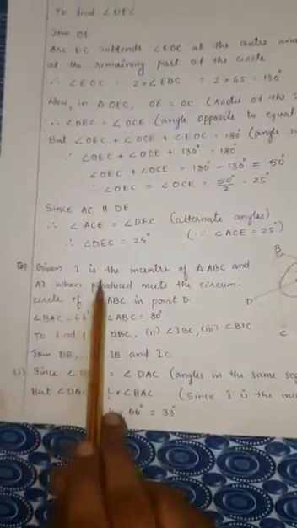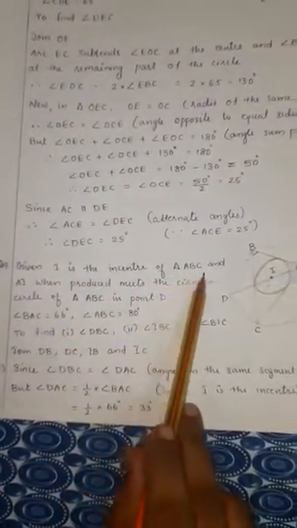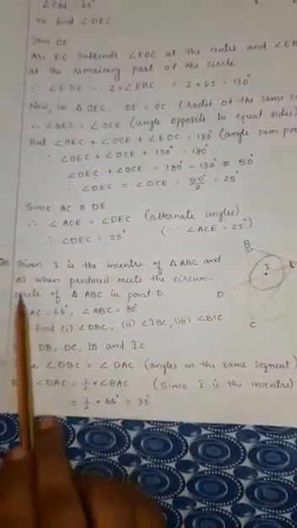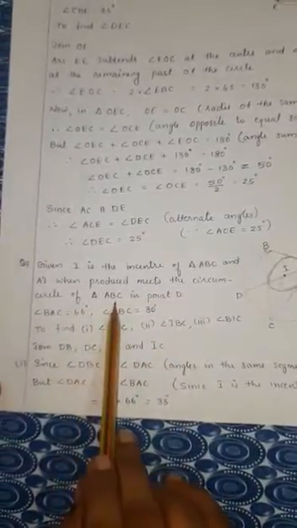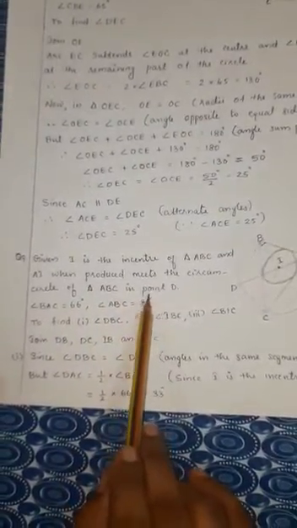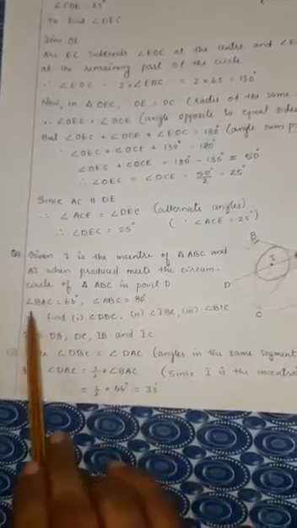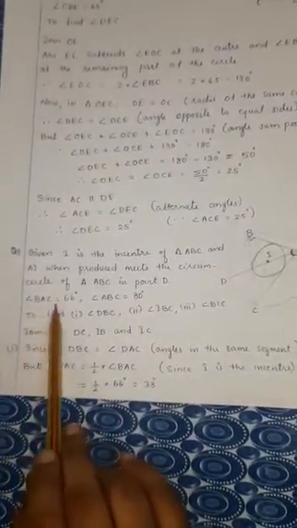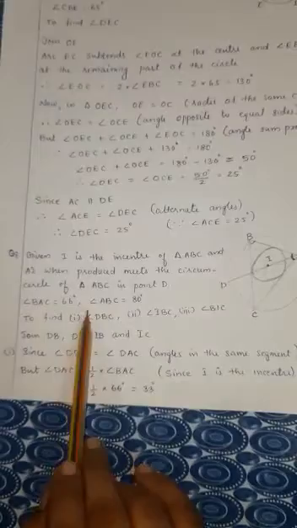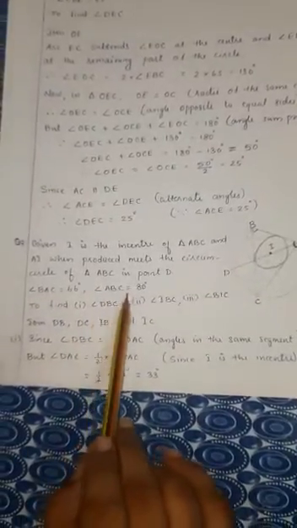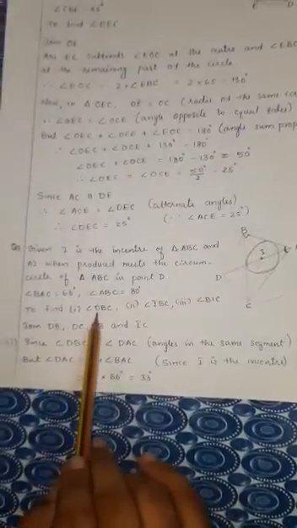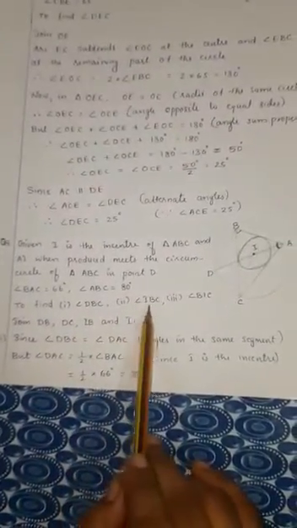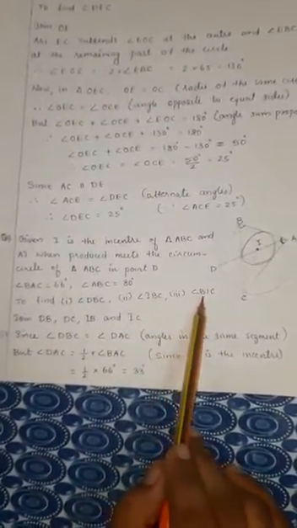Given that I is the incenter of a triangle ABC and AI when produced meets the circumcircle of triangle ABC in point D. Angle BAC equal to 66 degree, angle ABC equal to 80 degree. To find angle DBC, angle IBC, angle BIC.